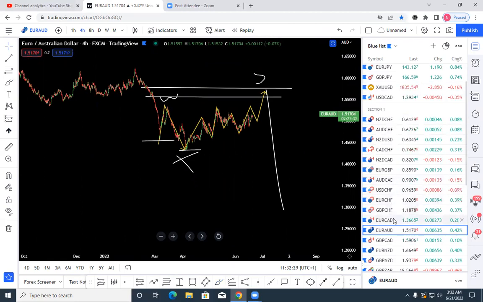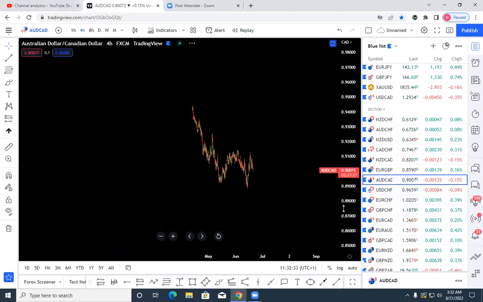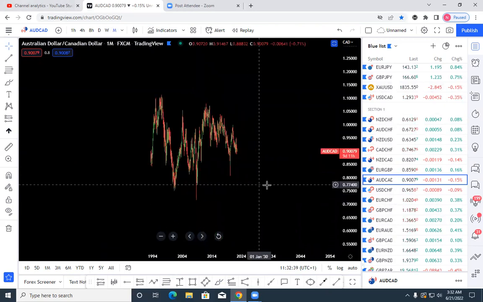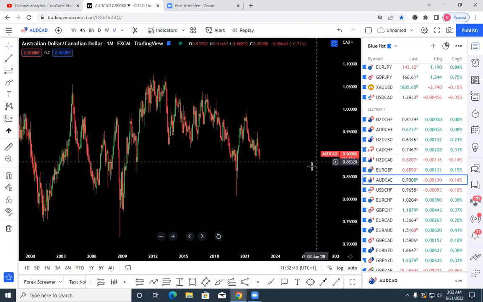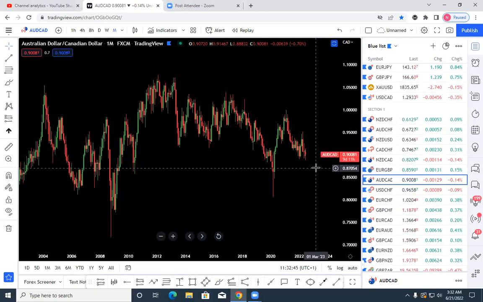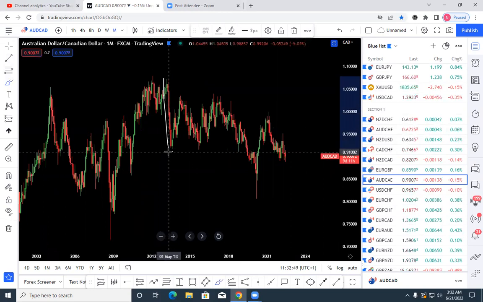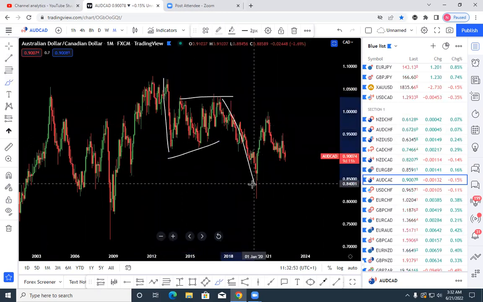Let's see what AUD CAD is saying. When you look at AUD CAD on a monthly time frame, guys, you see that this big impulse that we see here must be corrected. Of course, you see that we have an impulse, we have a correction, we have another impulse.